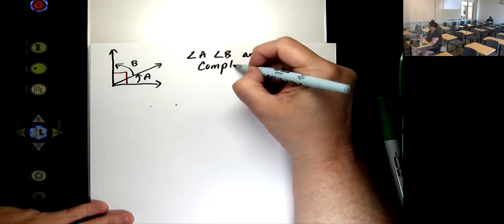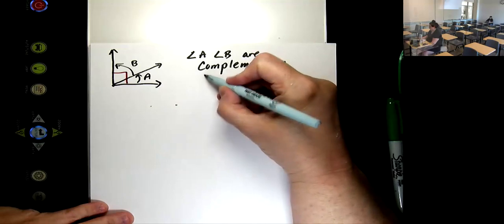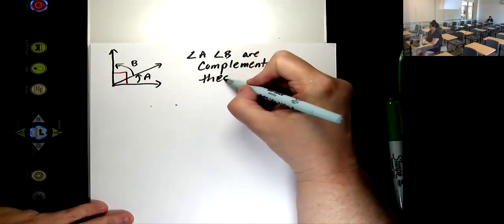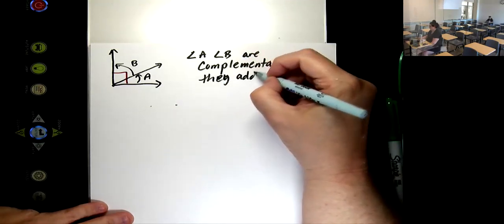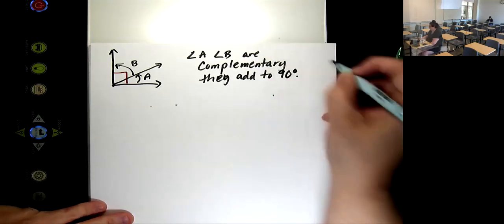There is no I in this word complement though. Complementary. They add to 90 degrees.